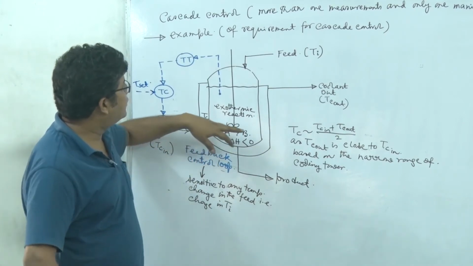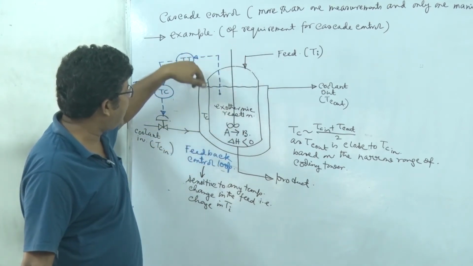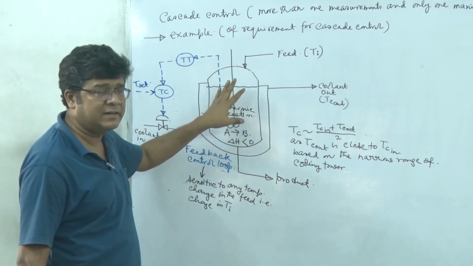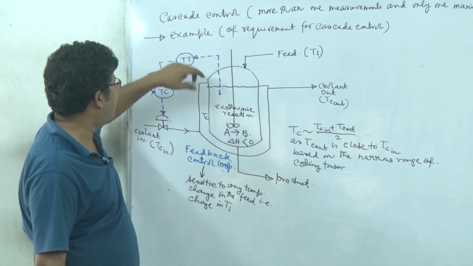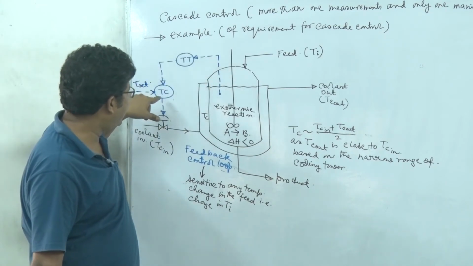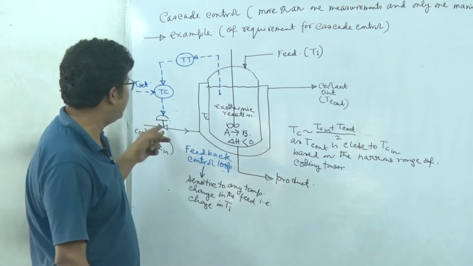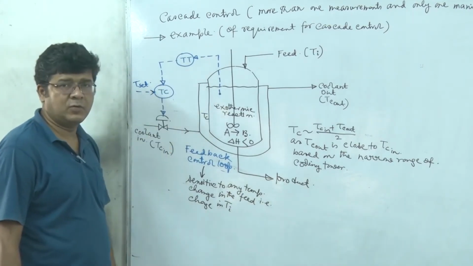Right. So if the heat generation rate is high and the heat dissipation rate is low, the temperature of the system will start increasing, and at that point it will be felt by this feedback control loop, and this valve will be opening up, the coolant line valve will open up, and it will be delivering more coolant.